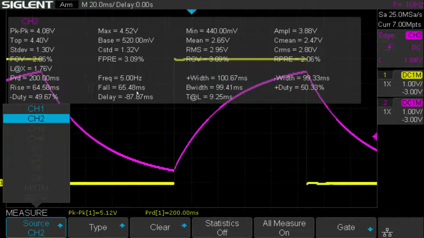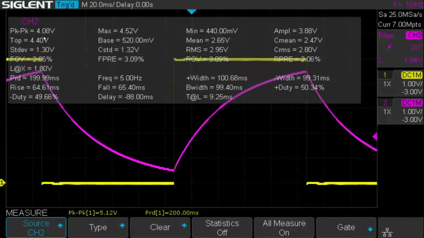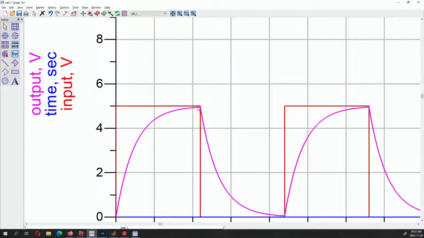Oh, that's my camera. So in channel 2, the top is 4.4 volts, and the maximum is 4.52. So there are some practical things that are impacting the voltage from reaching that 4.9 volts that the simulation shows.